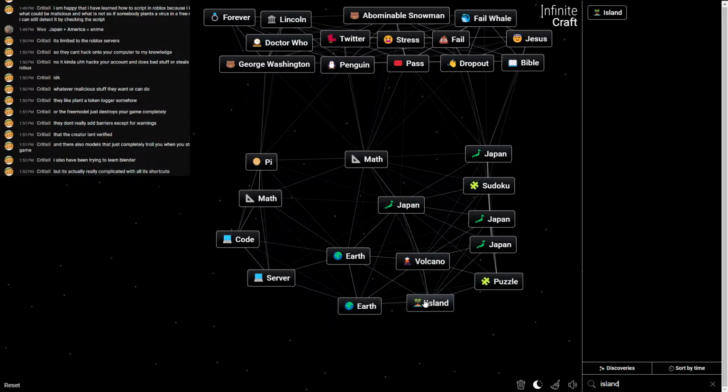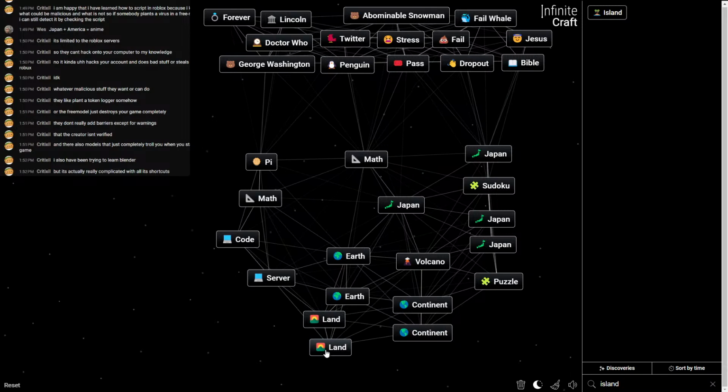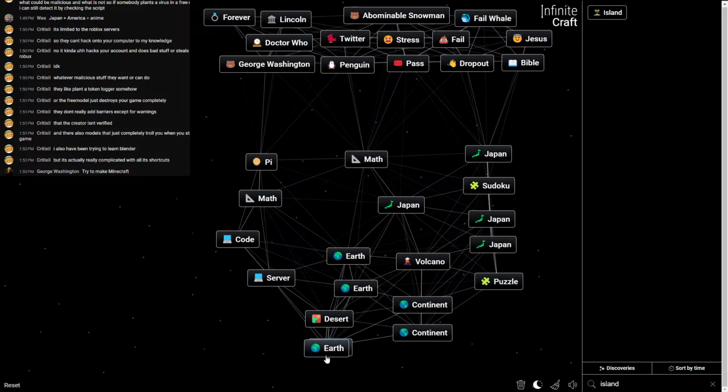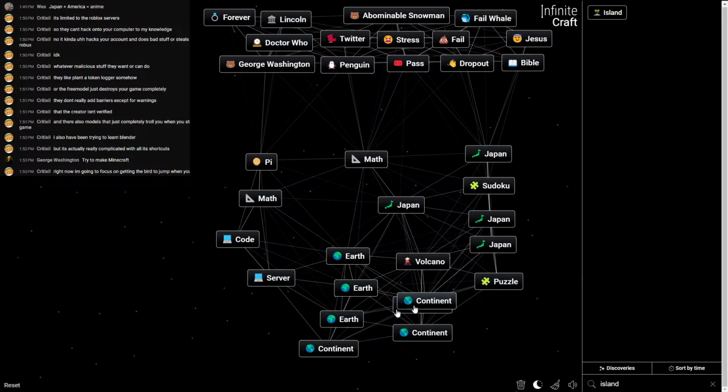So I do have island. Continent? Okay. From continent, it should be pretty easy to get, like, president. Land, double land, maybe? Will give us Earth and... Try to make Minecraft. Okay.